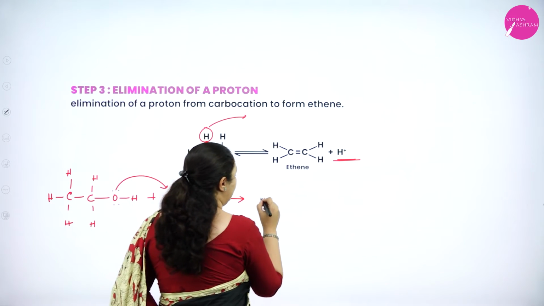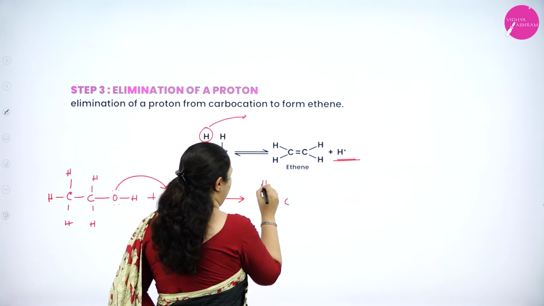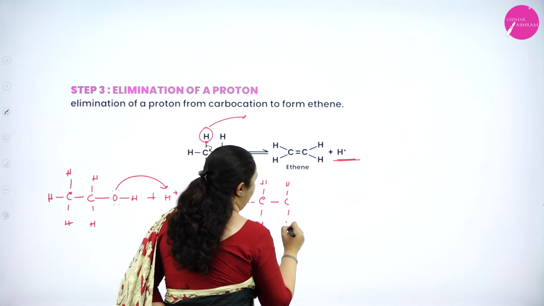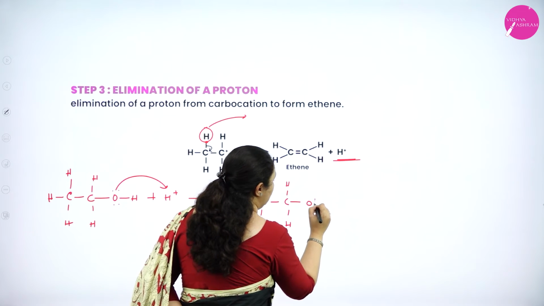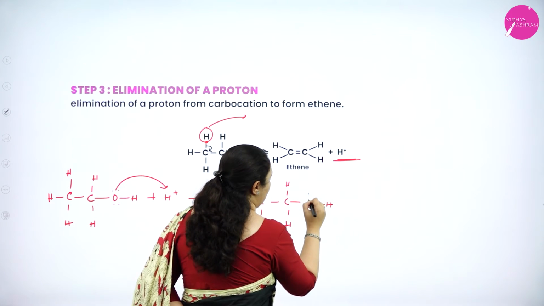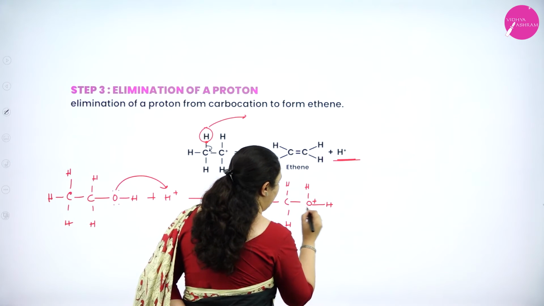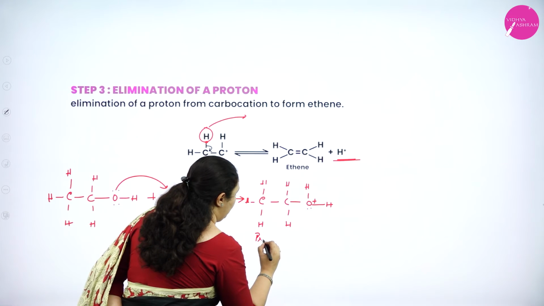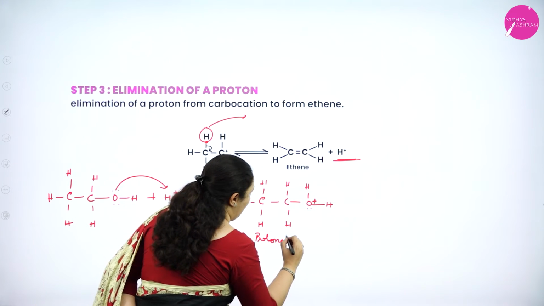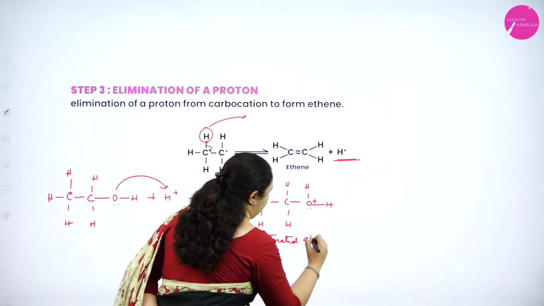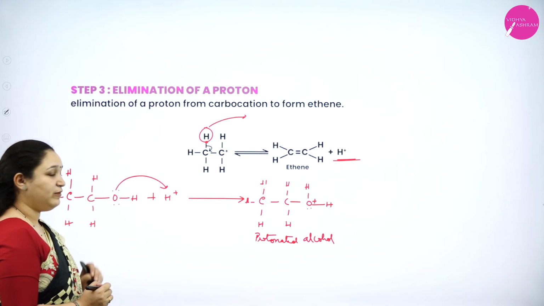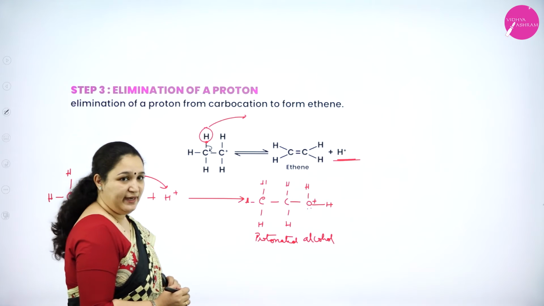So we'll get CH3, correct? Oxygen will get the positive charge and it has only one lone pair of electrons. So protonated alcohol is formed. First step is addition of a proton to get protonated alcohol.